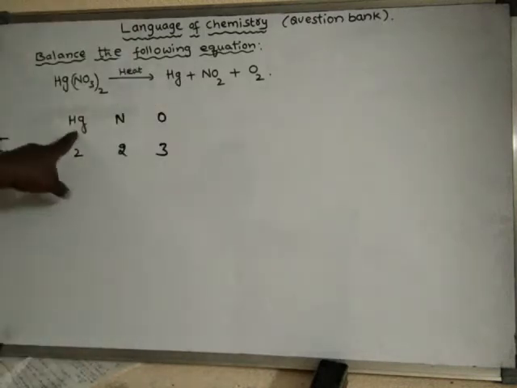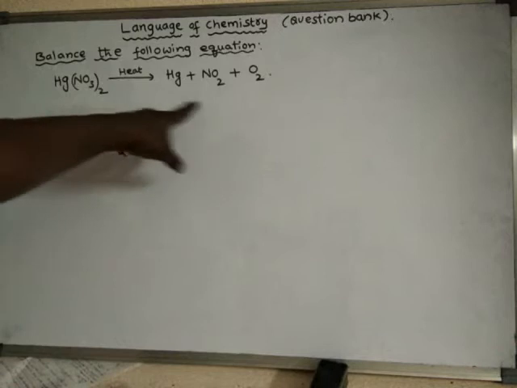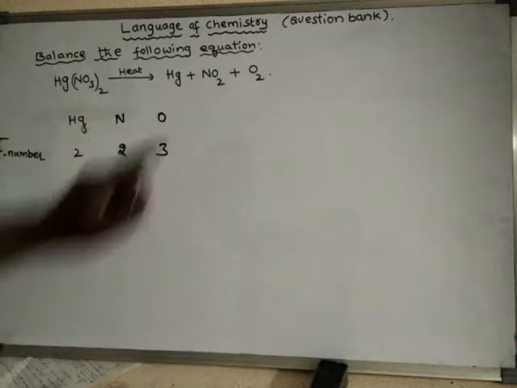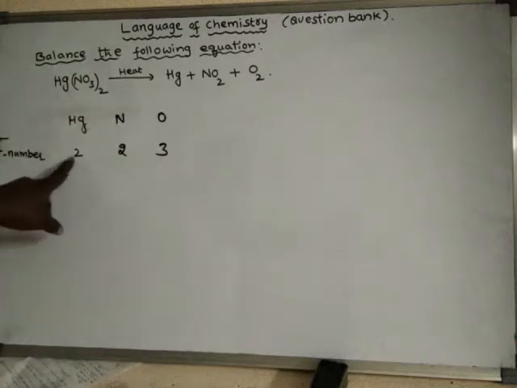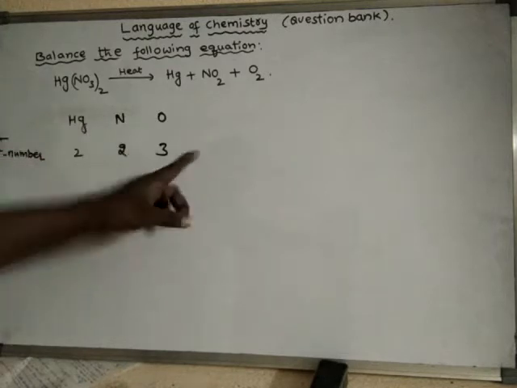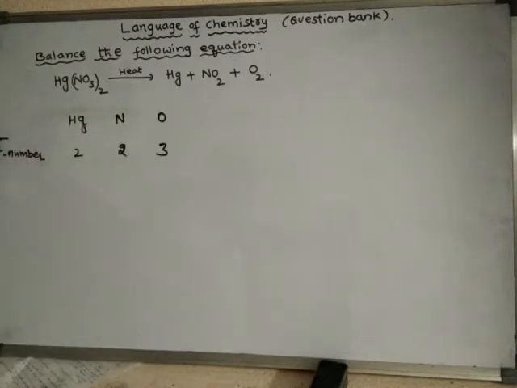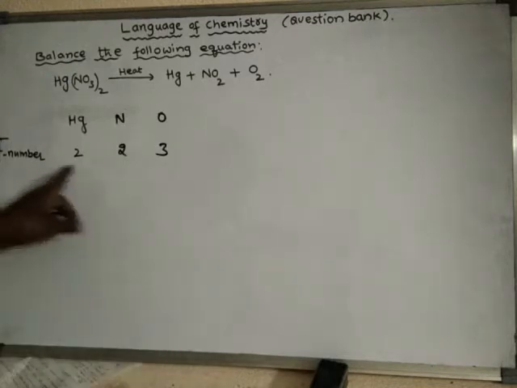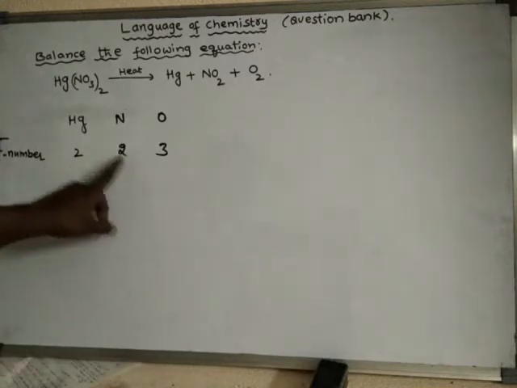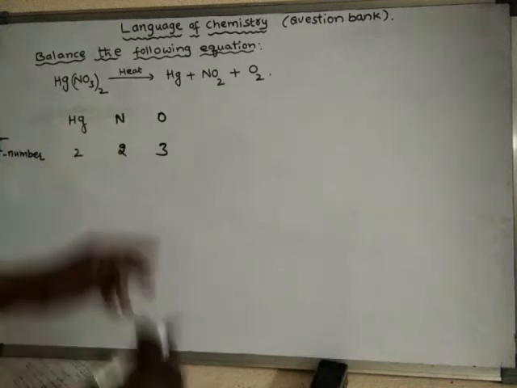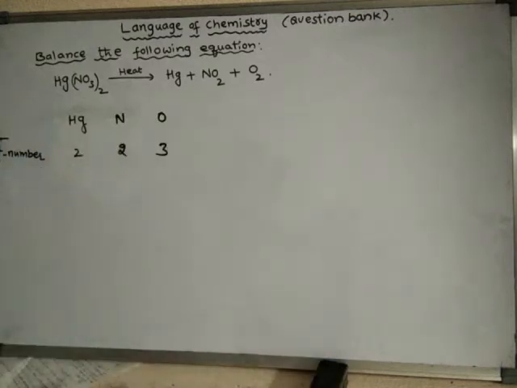The first step is identification of the elements present in this equation. Next, the second step is to write the frequency number of all the elements. Now we have to rearrange the elements according to increasing order of frequency number.